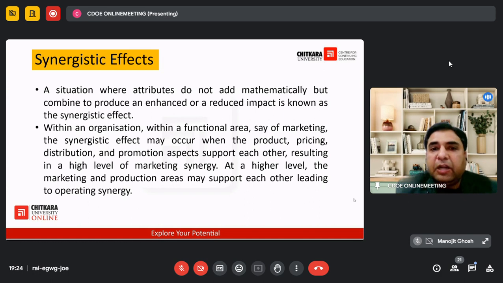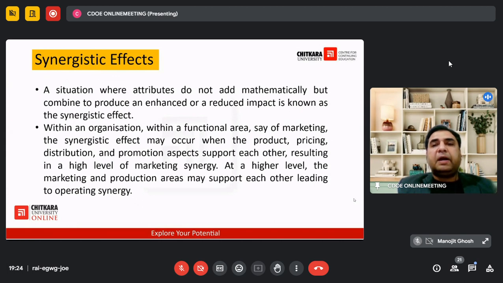Within an organization, within a functional area, probably marketing, a synergy effect may occur when the product, price, distribution and promotion aspects work towards each other. So organizational functional areas, which we call sales, marketing, production, finance, any single activity that has taken place.